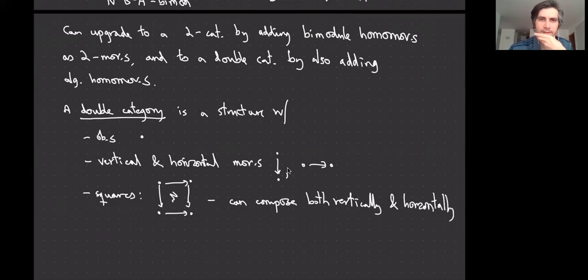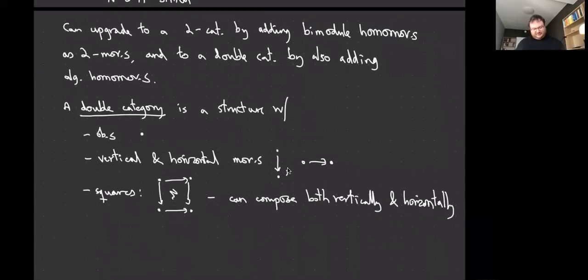Well, there seems to be a question about double categories. So is it equal to a bicategory? No, a bicategory is... you would have one type of morphism and you have two-dimensional 2-morphisms, which kind of look like this. So you don't have a square, you just have one kind of morphism and then 2-morphisms relating parallel pairs of those.